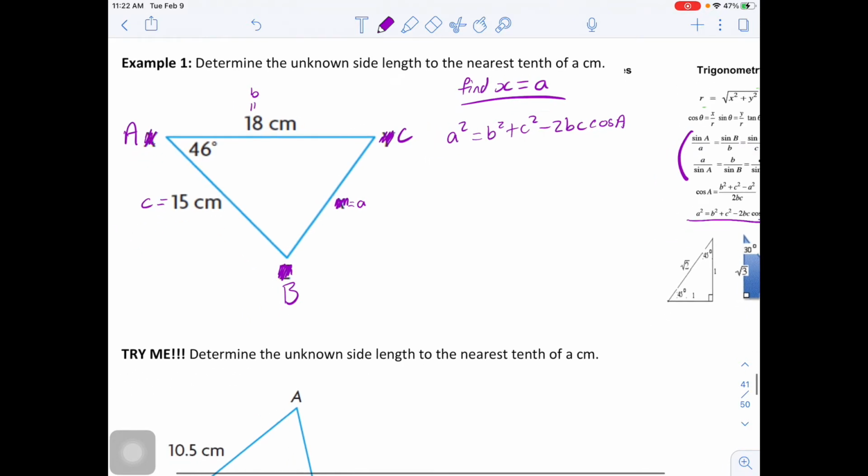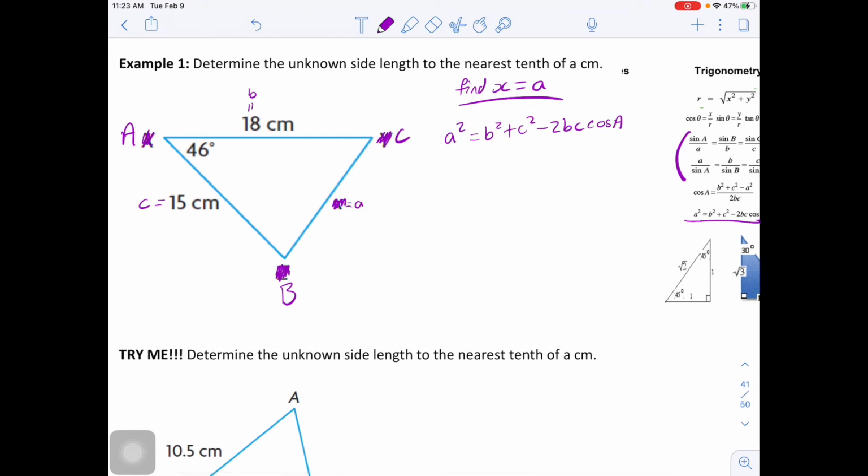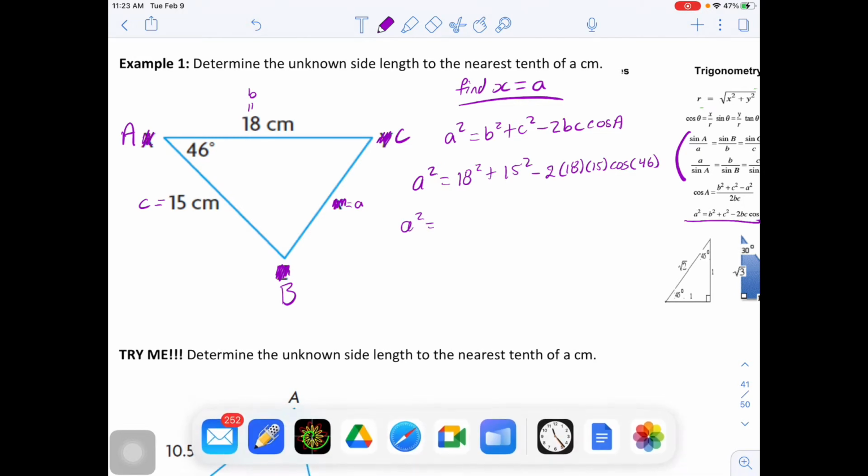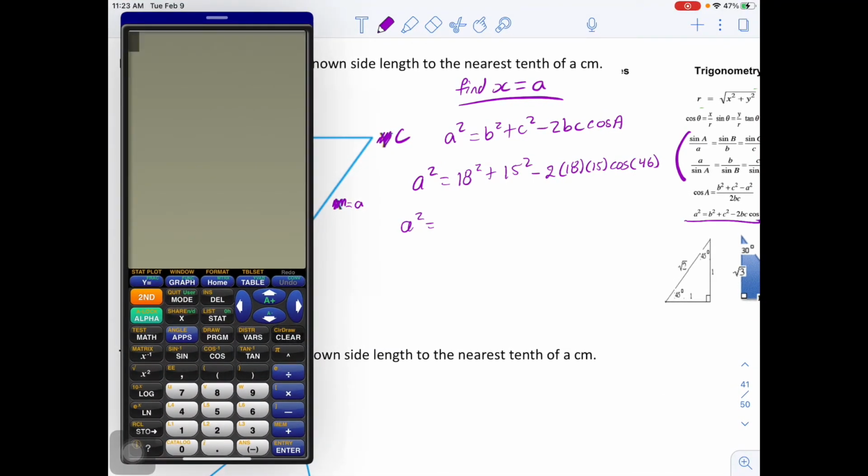And it's a matter of now plugging in. So a squared is going to equal b squared, which is 18, plus c squared, which is 15, minus 2 times b, which was 18, times c, which was 15, times cos A, which we figured out was 46. So let's plug these in. You could do it all at once or one at a time.